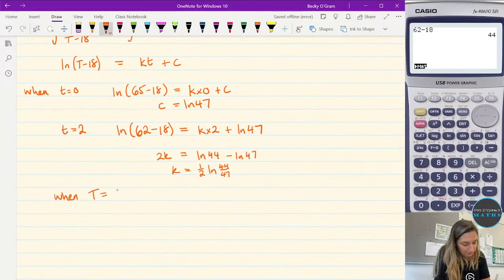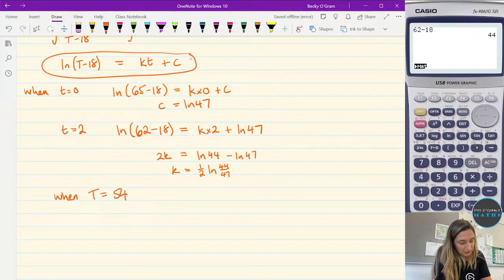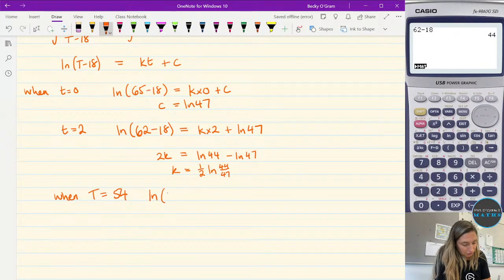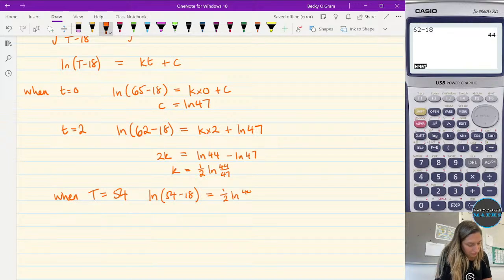Yeah, 54. We'll go back to this equation up here, natural log of 54 minus 18 is equal to half natural log 44 over 47 times t plus natural log 47.